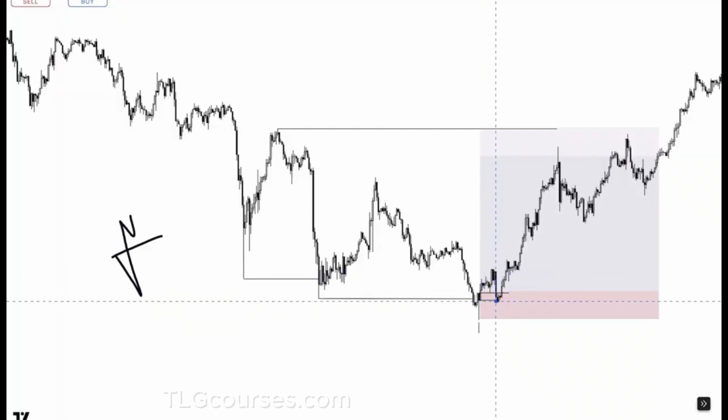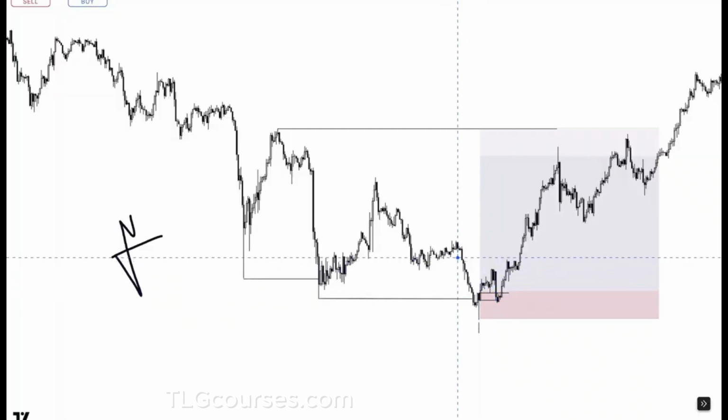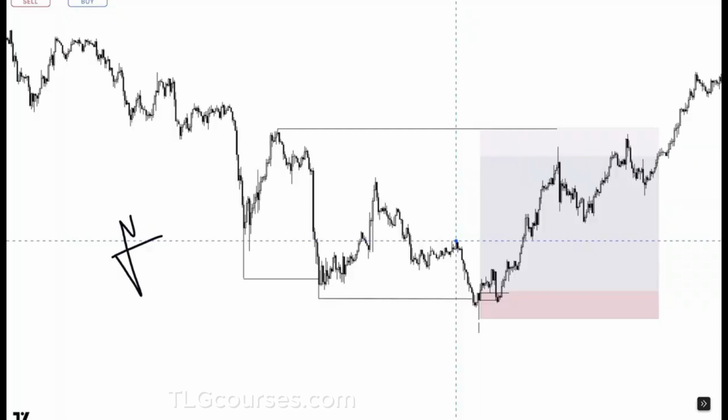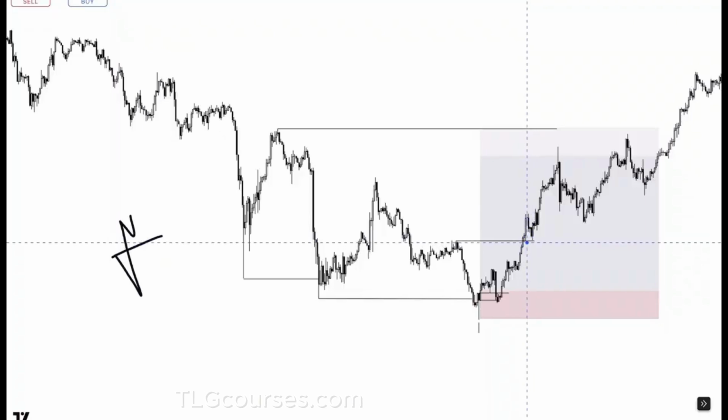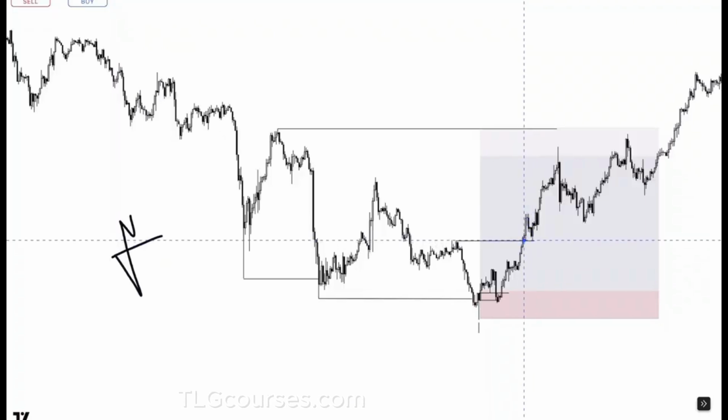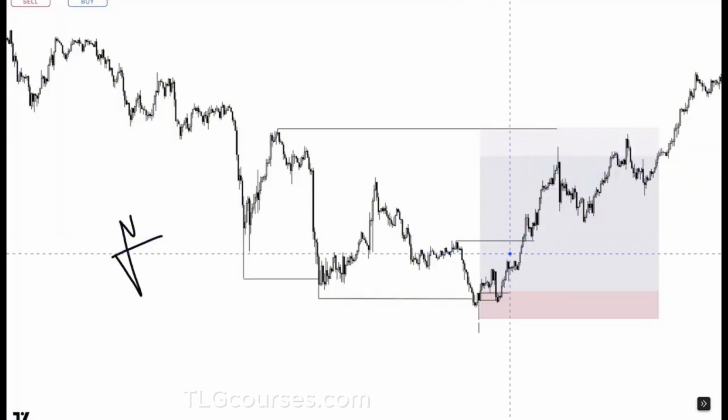Model number one. And then you have the second kind of entry, which is the true market structure shift right over here.